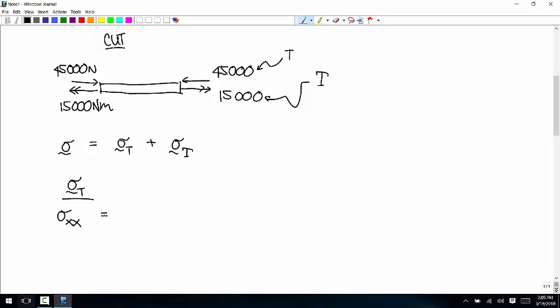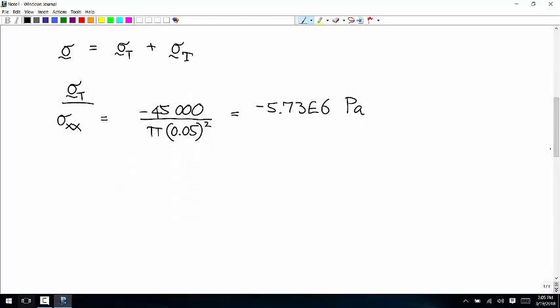Sigma xx is equal to the tension of negative 45,000 divided by the cross-sectional area, so pi times 0.05 squared. And what do you get for that? 5.73 times 10 to the 6 pascals and negative.